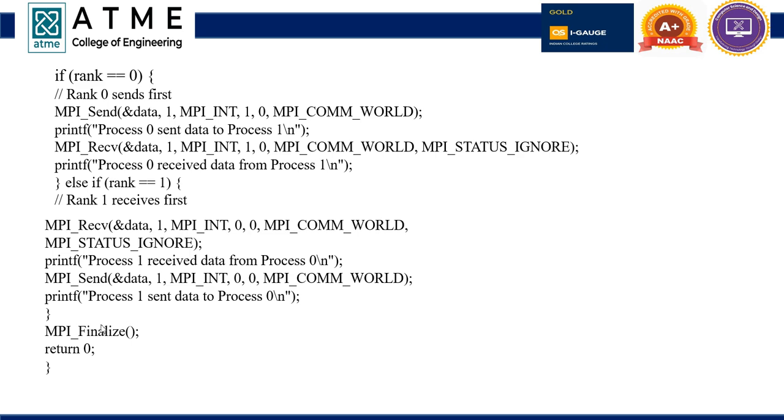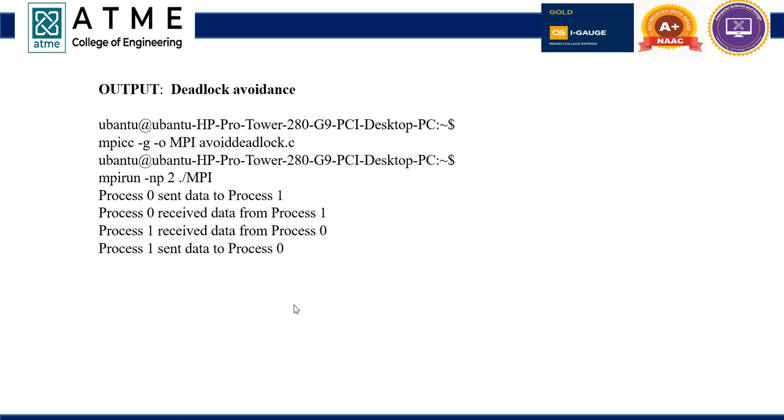So here there is deadlock avoidance, so that point-to-point communication can be achieved. Finalize this and return 0. So this is the end of the program.